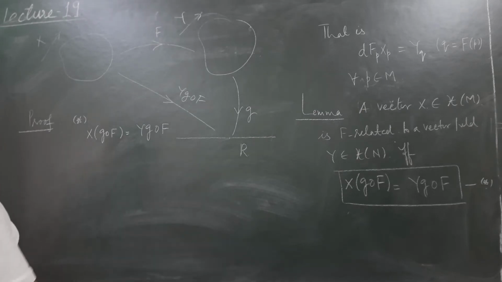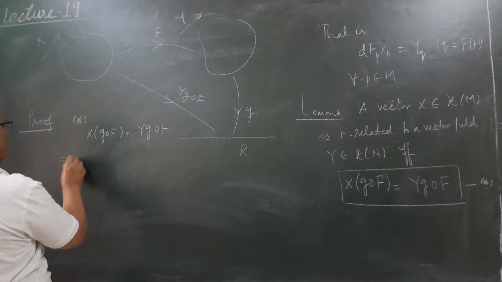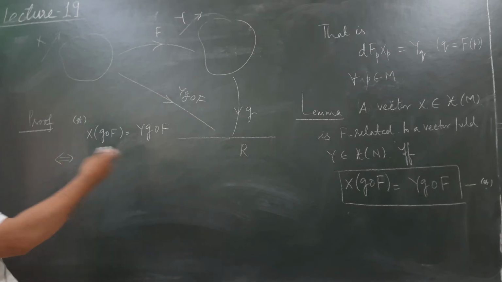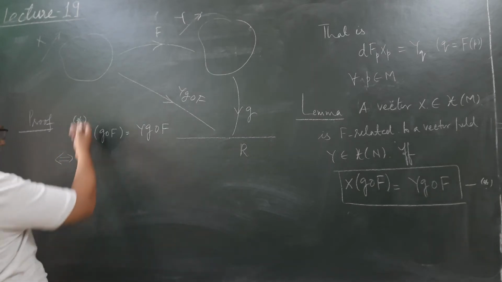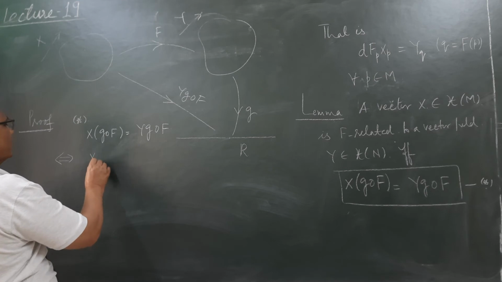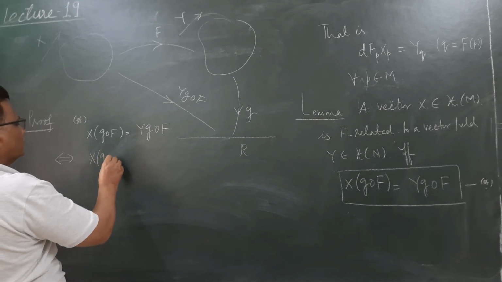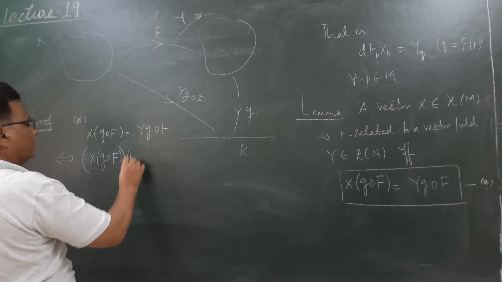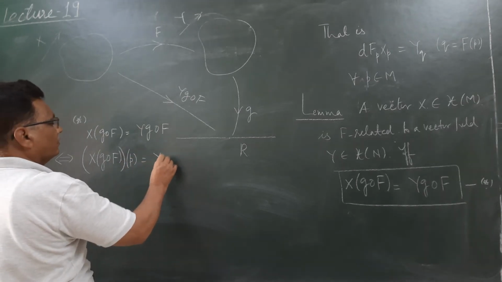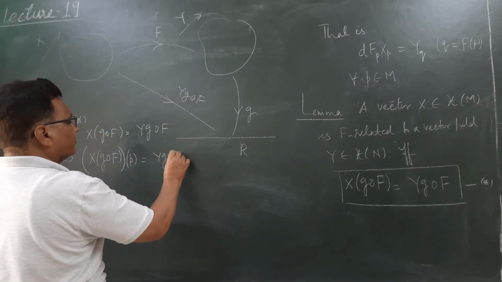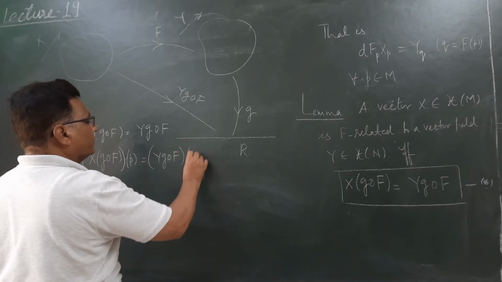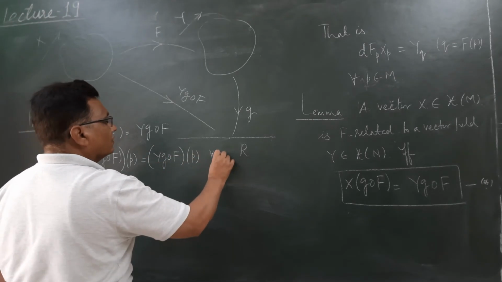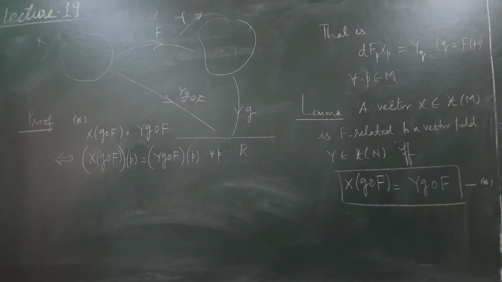So this implies, and both sides of the relation I am writing are true, so these are all equivalent: the left hand side will be X of g composition F at a point p, which will be Y g composition F at a point p, for all p in M.